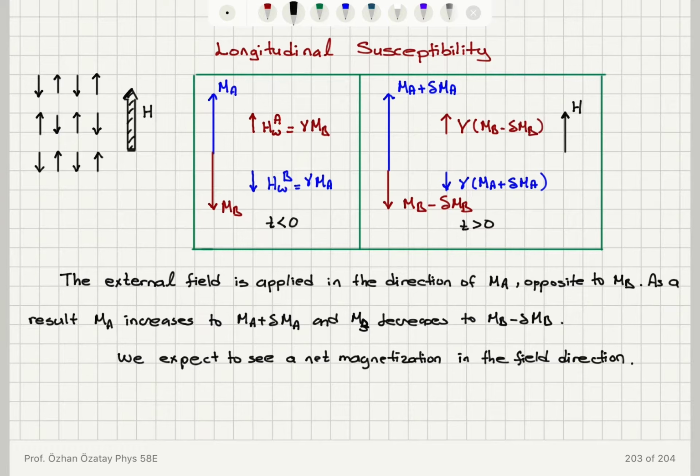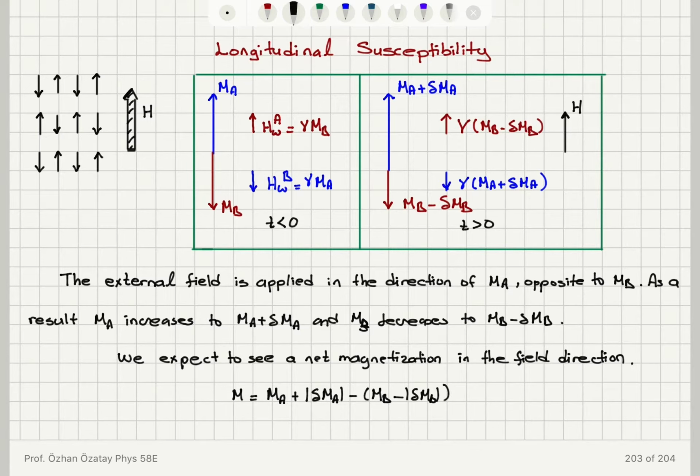Okay, so what is this net magnetization? Well, it will be equal to the new A sublattice magnetization, MA, so let's make sure this is a positive number, absolute value of delta MA, minus MB minus delta MB.